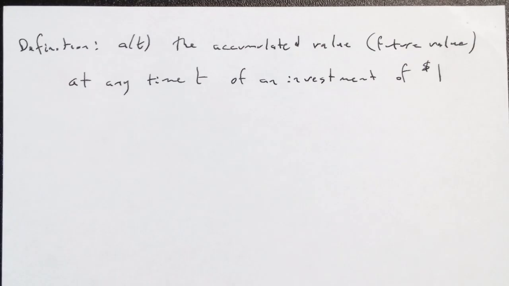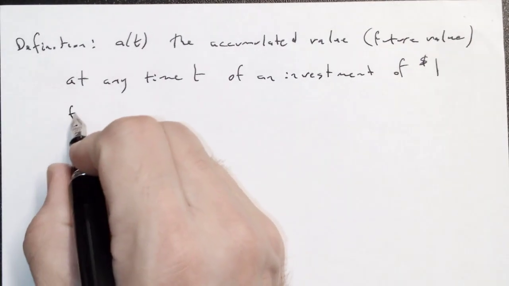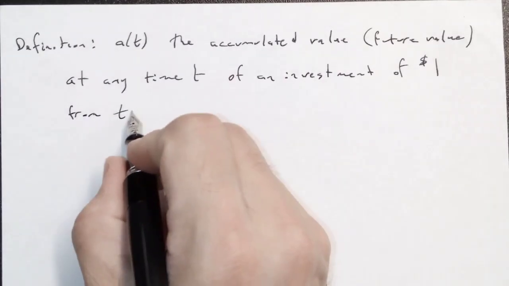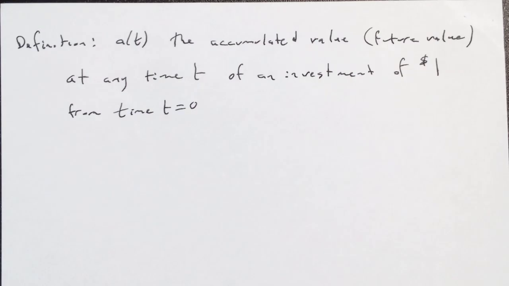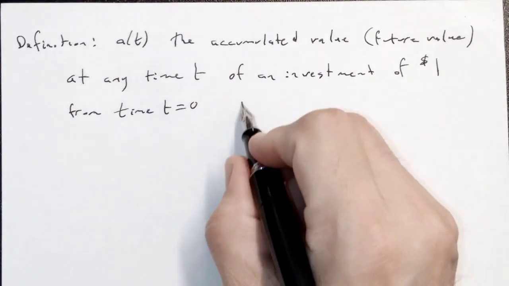So if at any time t, so we're starting at time zero, an investment of $1 from time t equals zero, so from 0 to t. Which means if we invest more than $1, we simply have to multiply this by however much we're investing.